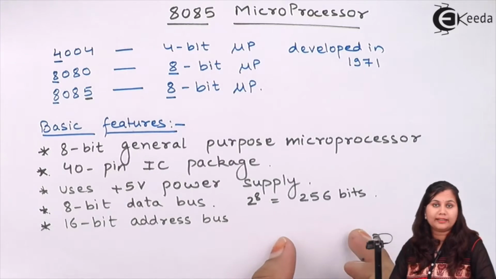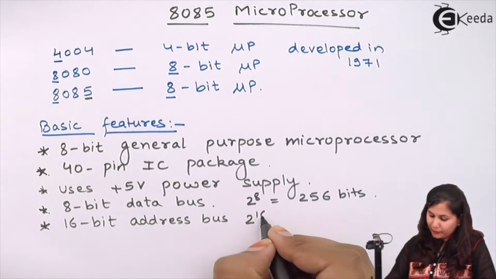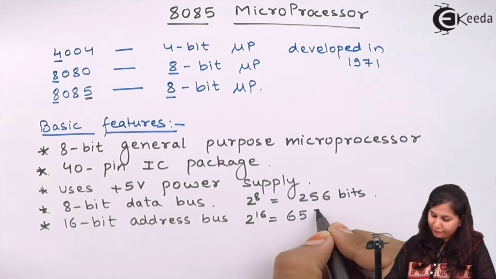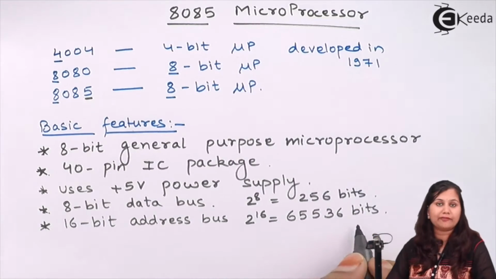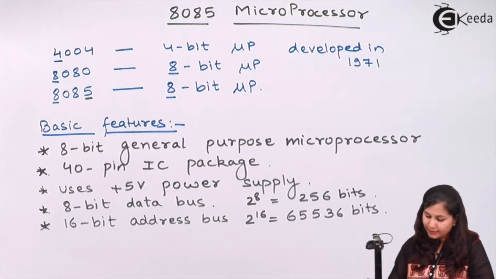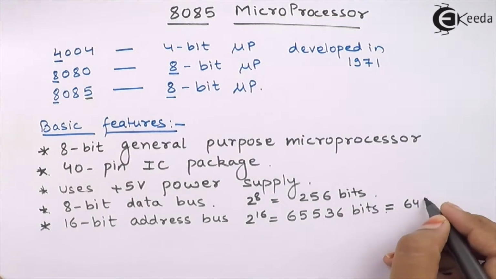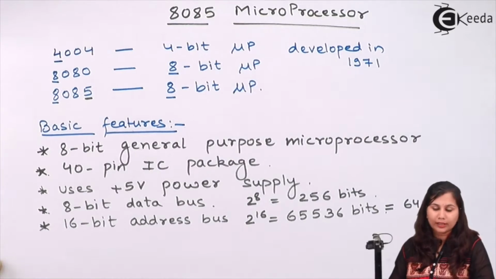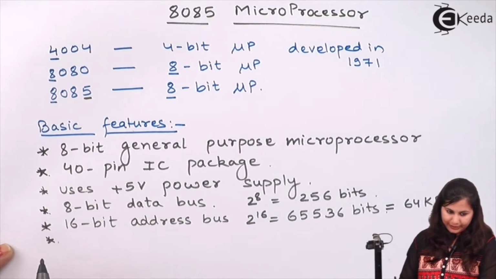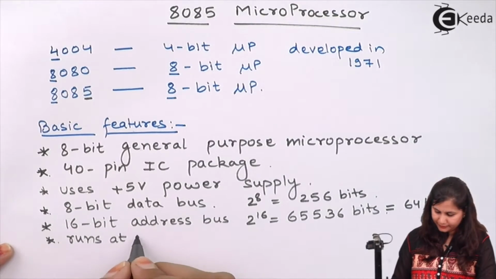So it can have 256 values of data, and 16-bit means 2 raised to the power 16, which comes out to be 65536. So it can address 65536 memory locations, and if we calculate it, it comes out to be 64 kilobyte. So the memory size of the 8085 microprocessor is 64 kilobyte. Then it runs at a maximum frequency of 3 megahertz.